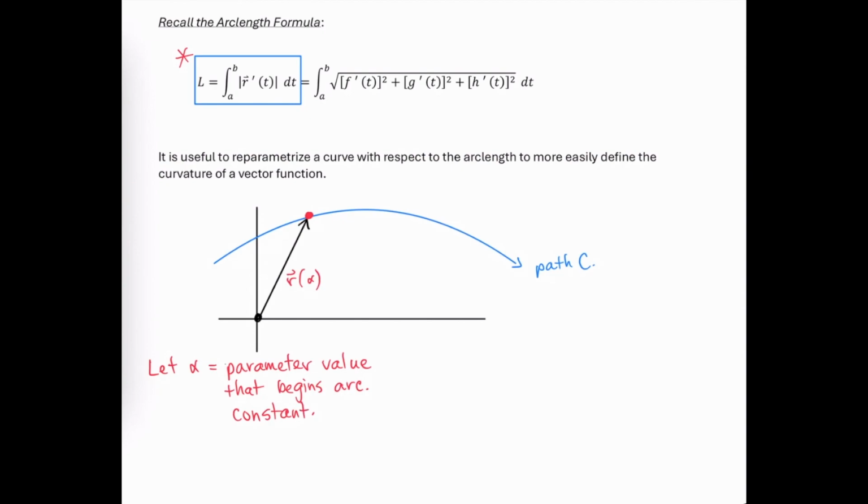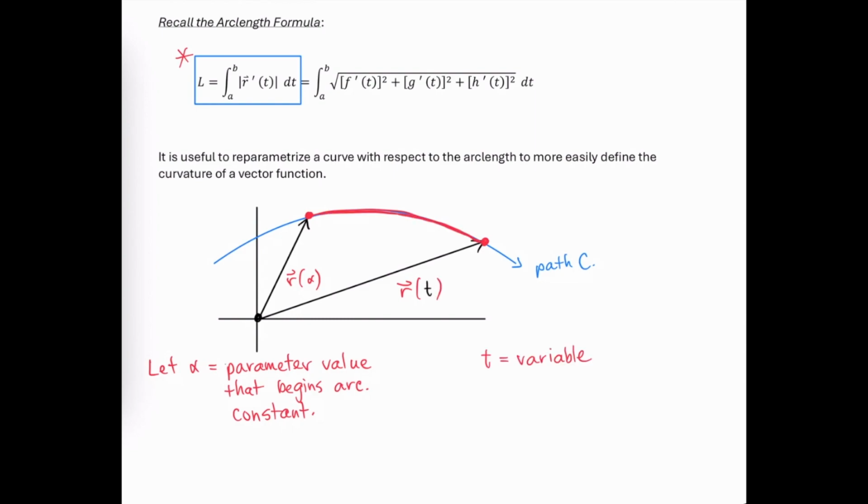So our initial vector that begins the arc is the vector function evaluated at alpha. And then we'll sweep out a section of arc that terminates at this other ordered pair that is the terminal point of another vector, but let's let the value of the parameter of this vector be a varying quantity, t.